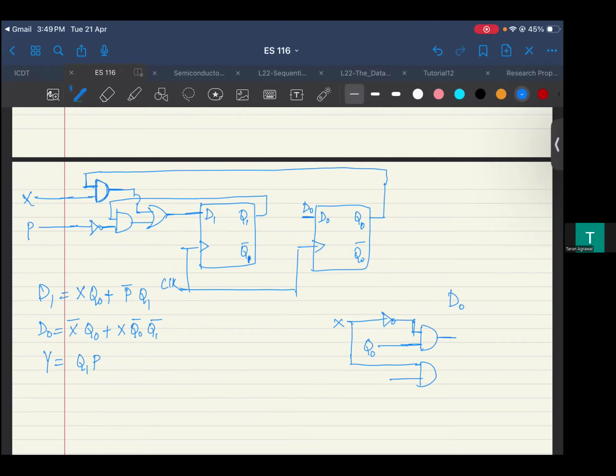And then probably you have, let's say, Q0 bar coming in directly, and then you have another Q1 bar coming in. And this I'm just drawing with the two input gates. And this would give you D naught, right? And Q1 bar, Q0 are available, obviously, there. Right, and the Y is simple, it's just Q1 into P, right? So Q1 into P is the Y circuit you will have, an AND gate with Q1.